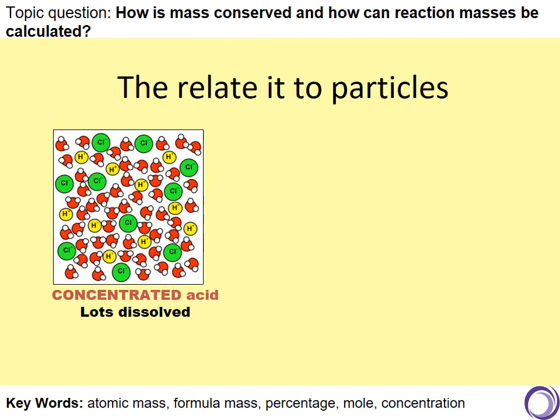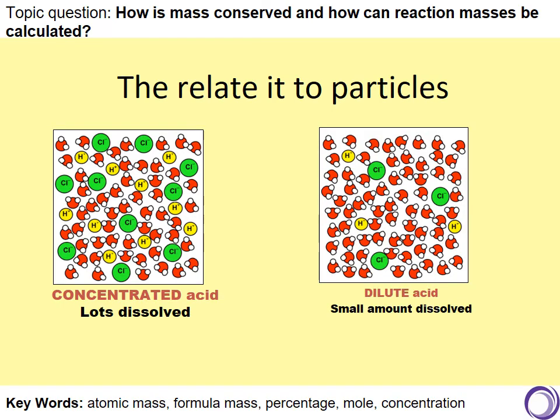So thinking specifically about particles then, here I have a picture of a concentrated acid. It's got lots of acid particles dissolved in it. If I compare this to a dilute acid, you can see there are only a small number of particles dissolved in this acid, so this would be dilute.